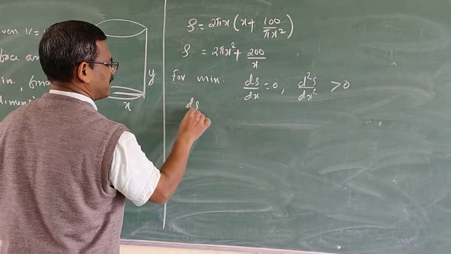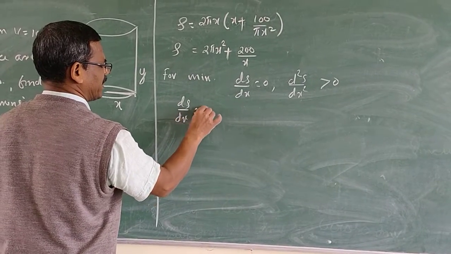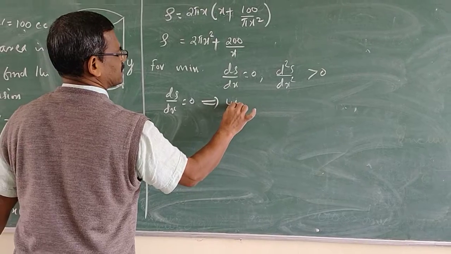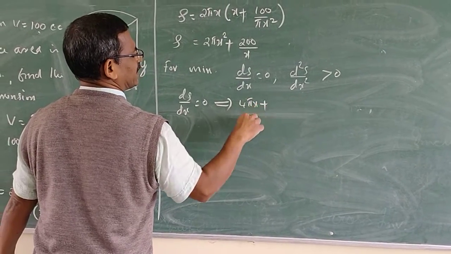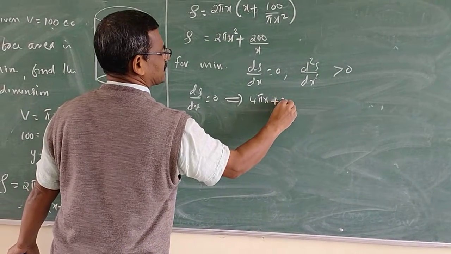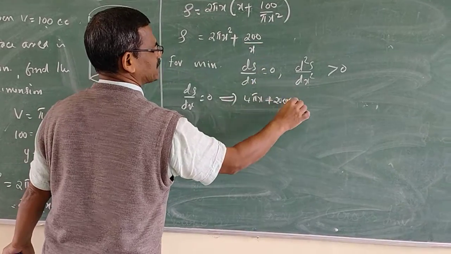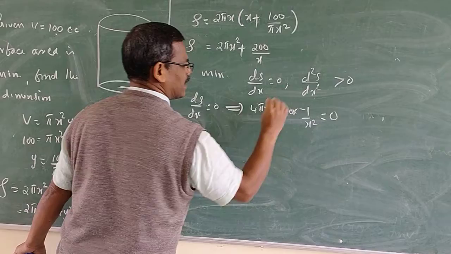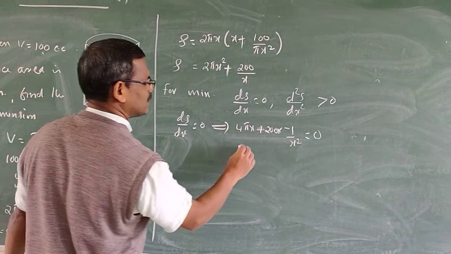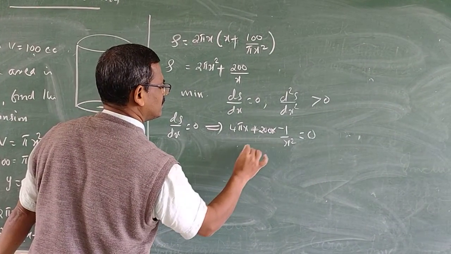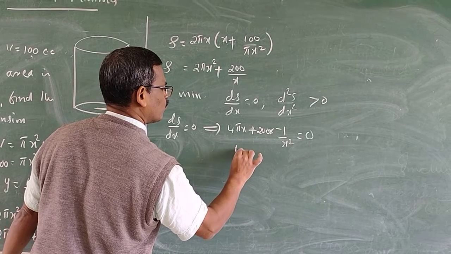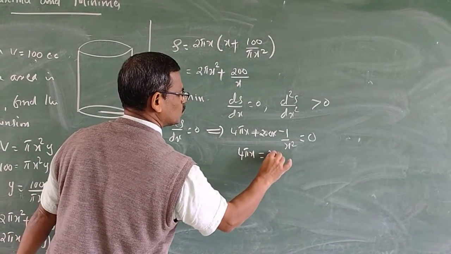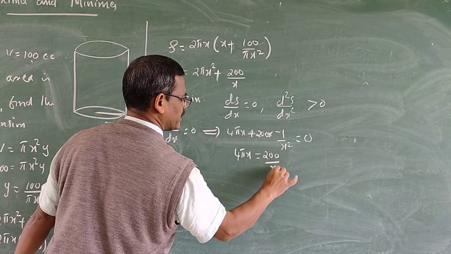Now when ds by dx is equal to 0, what is the derivative of this? It is 4 pi x, then 200 into 1 by x, derivative is minus 1 by x square, and then it is equal to 0. What are we getting? 4 pi x is equal to 200 divided by x square.